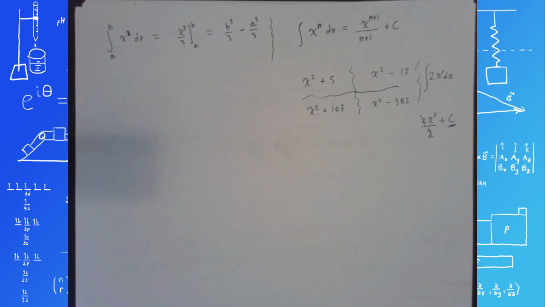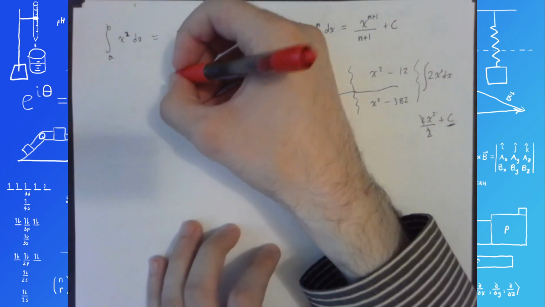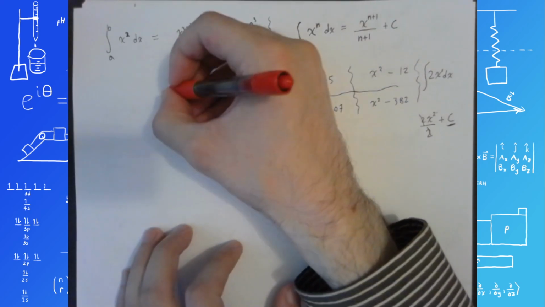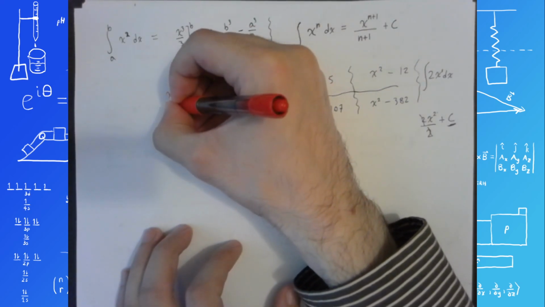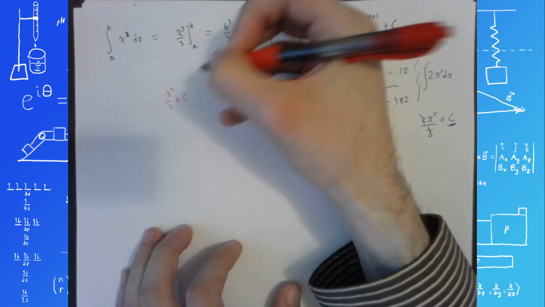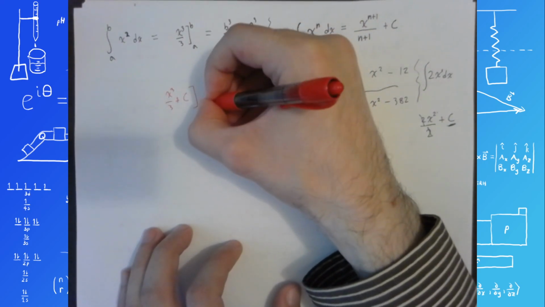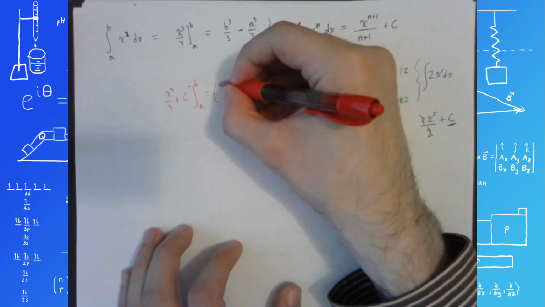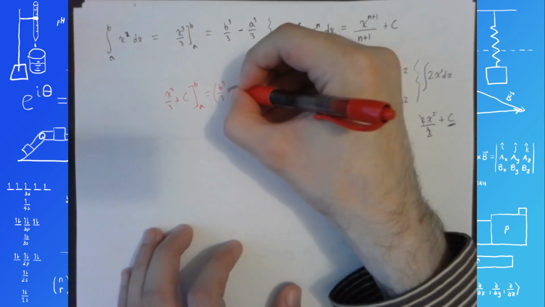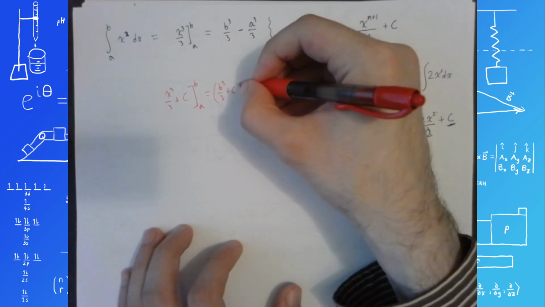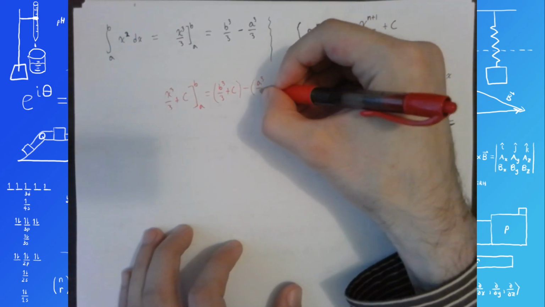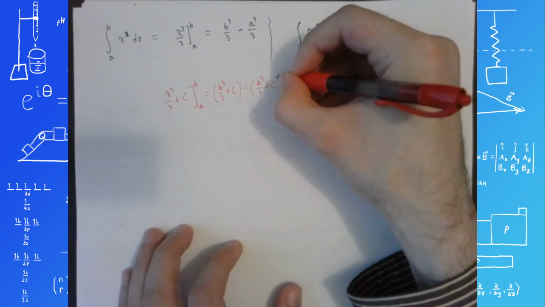If I were to go back here, for example, and instead of x cubed over 3, I did x cubed over 3 plus c. If I did x cubed over 3 plus some constant evaluated from a to b, then what that would mean is I would take b cubed over 3 plus whatever that constant is, minus a cubed over 3 plus whatever that constant is.